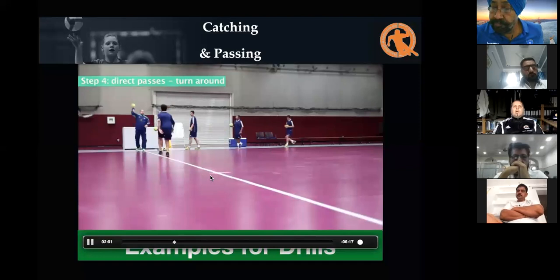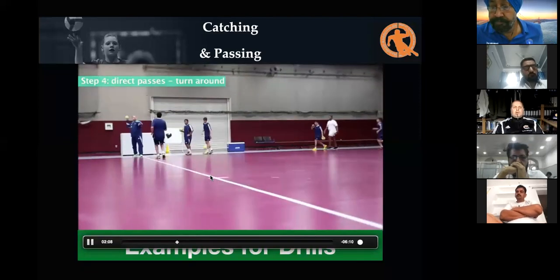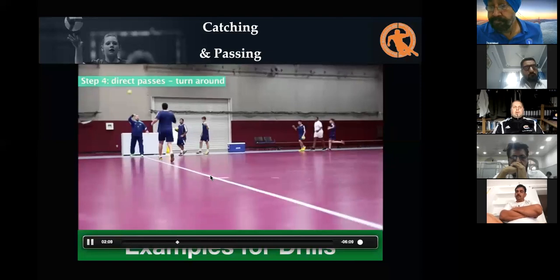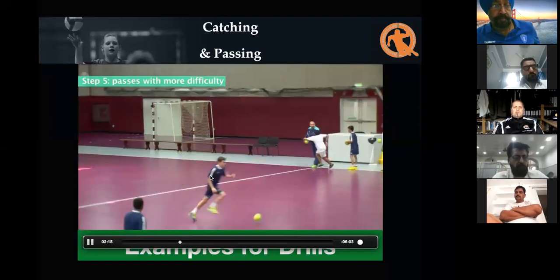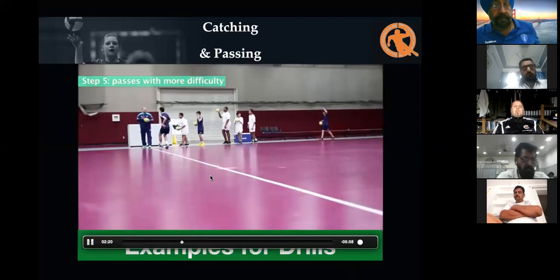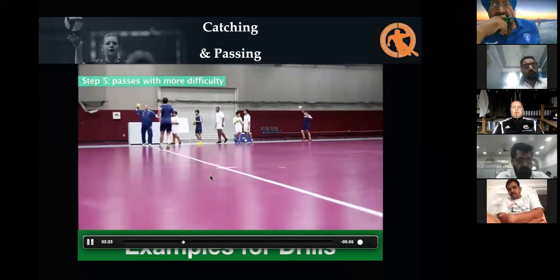So the ball is coming over them, they have to catch, turn, and go. And now, you see, they adapt to the situation and start the turn, and afterwards, they catch the ball. So this is calculating the ball and catching it in the air.